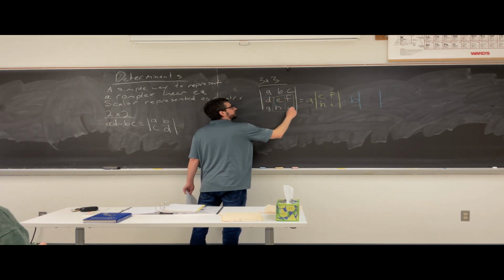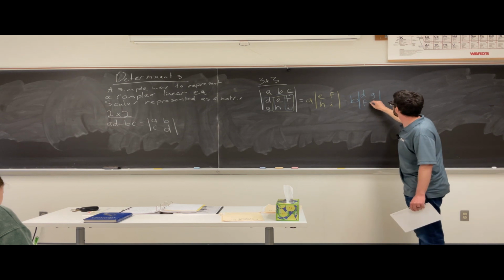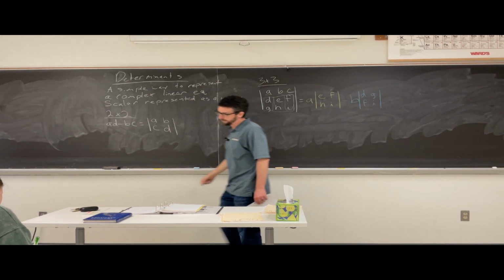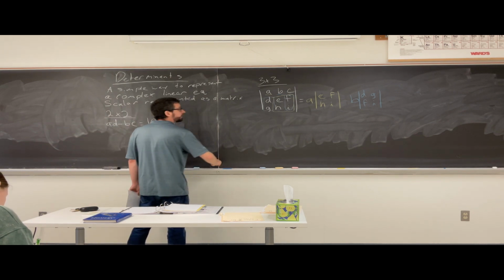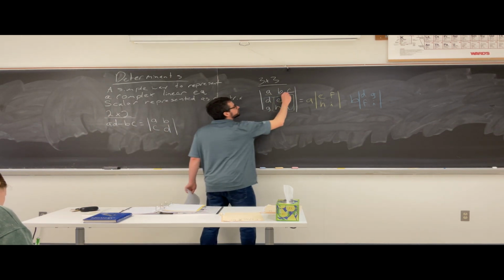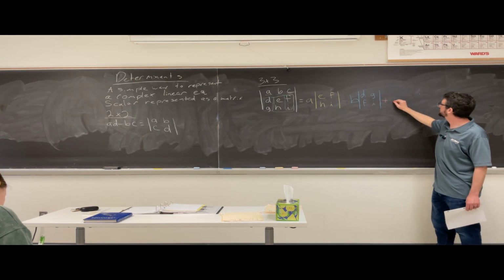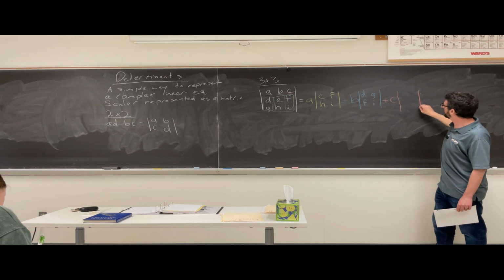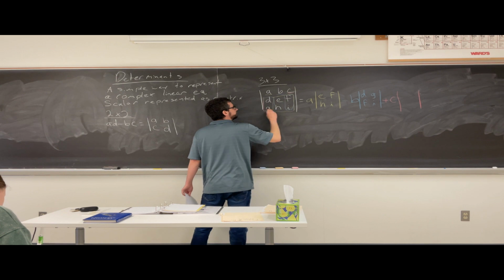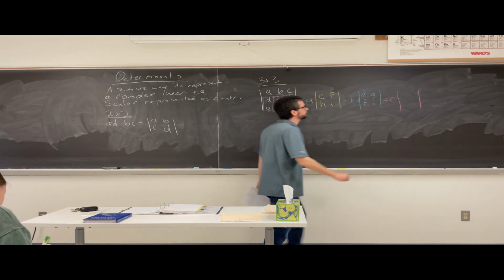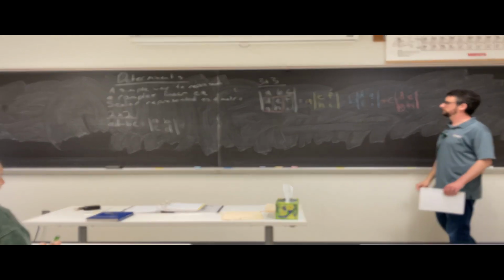So we got D, G, F, I. Then we'll use red for C. Then it switches sign again to a plus. C, what's going to go in that determinant? D, E, G, H. Yep.